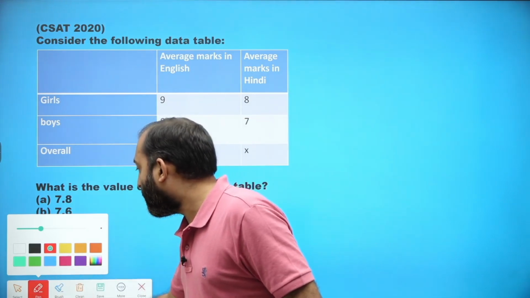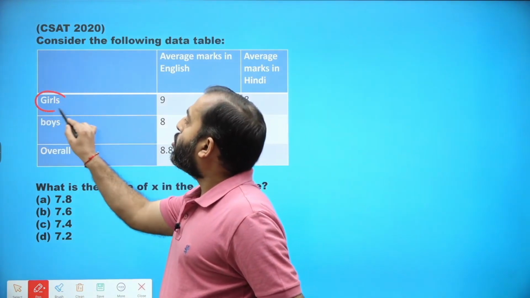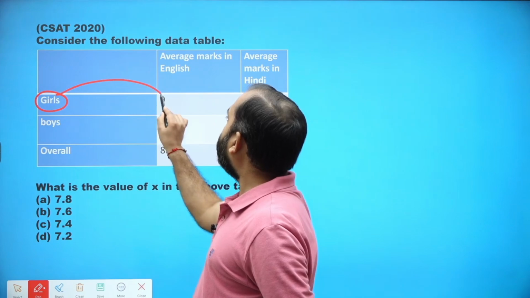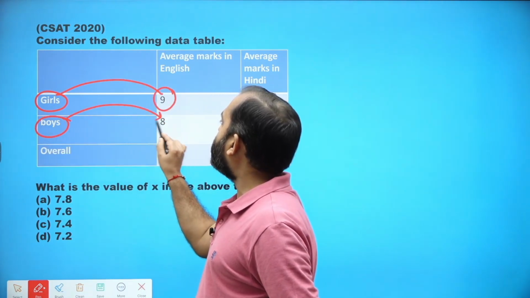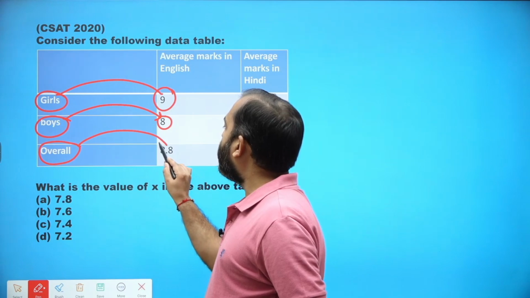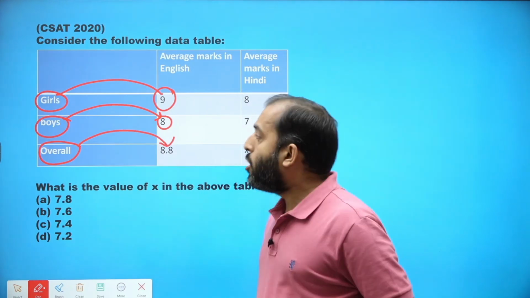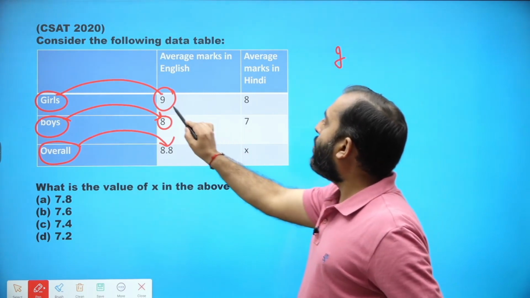First, I know the average score of girls in English is 9, the average score of boys in English is 8, and the overall average of the class in English is 8.8. So let's say the number of girls is G. Their average score is 9.